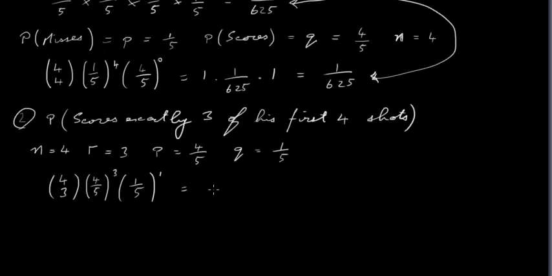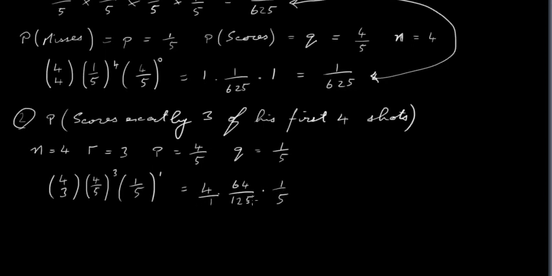If we calculate this, 4 choose 3 is the same as 4 choose 1 by the twin rule, which is just 4. 4/5 to the power of 3, that's 4 to the power of 3 over 5 to the power of 3. So 4 to the power of 3 is 64, 5 to the power of 3 is 125, and then 1/5 to the power of 1 is just 1/5.